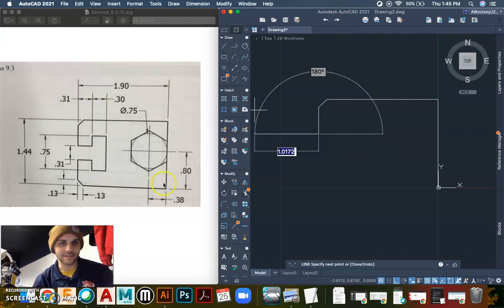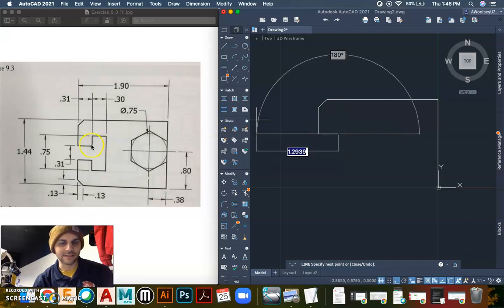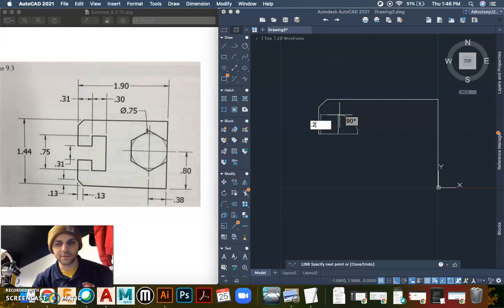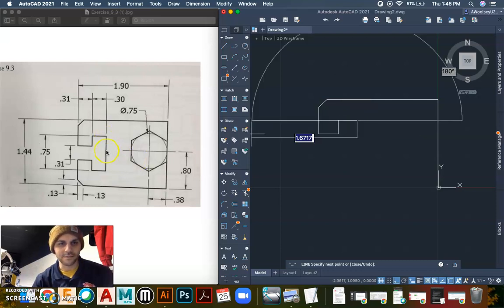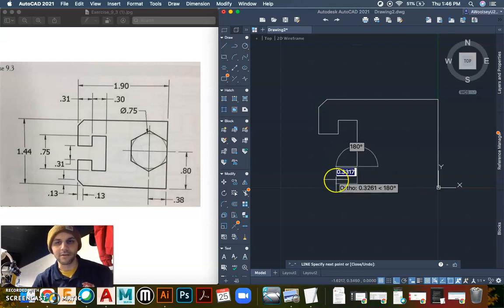Now I'm going to go in. It tells me that distance is 0.31. I need to go up. Once again, it does not give me the answer here. So I have to take 0.75 minus 0.31 and then divide it by 2. So that's 0.22 up. And then it tells me I need to go 0.3 over. And then it tells me from here to here is 0.75 down. Now I repeat.